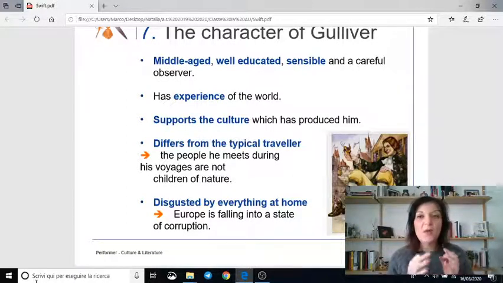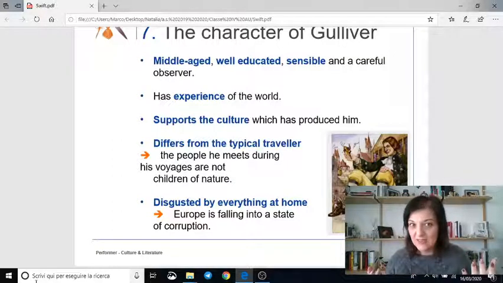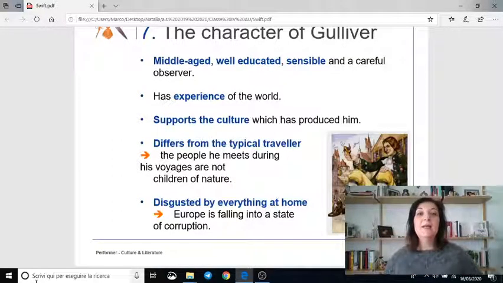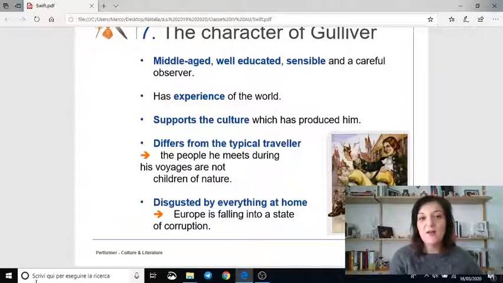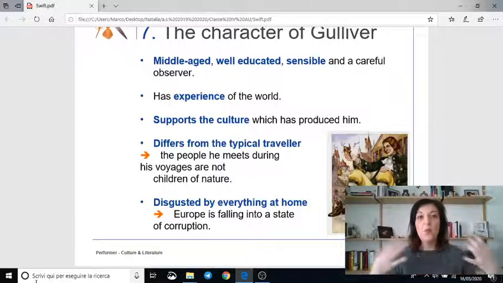His ability to observe everything carefully is reflected in the details that he uses to tell about his experiences. Another characteristic of the protagonist of Gulliver's Travels is his wide experience of the world.